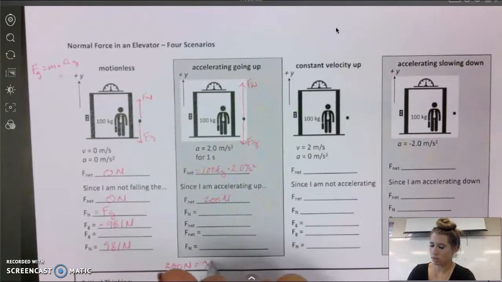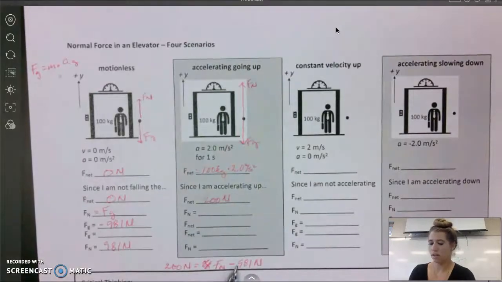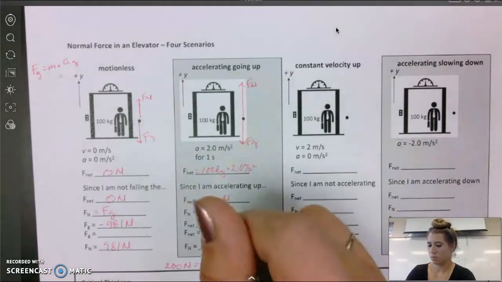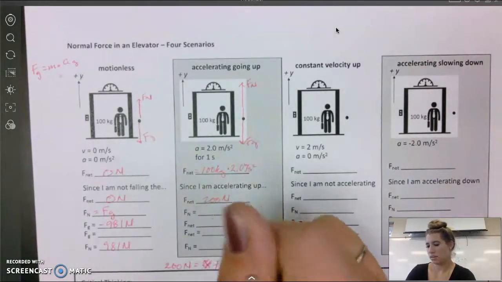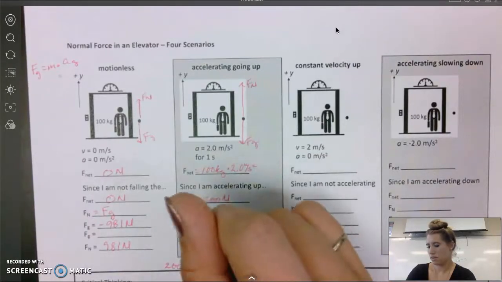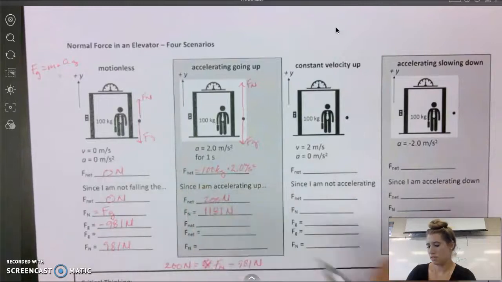We're solving for the normal force, we'll just call it force normal, and then we're adding a negative 981 newtons. So if I add that to the other side, my normal force would be 1,181 newtons.